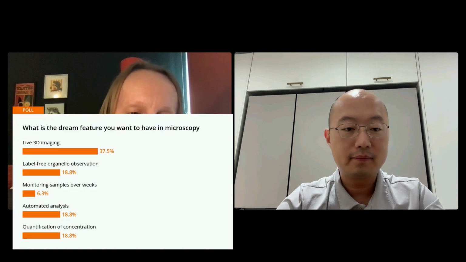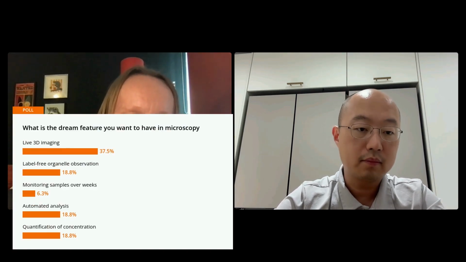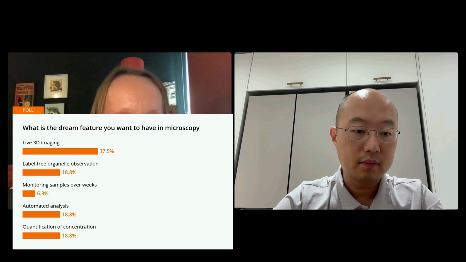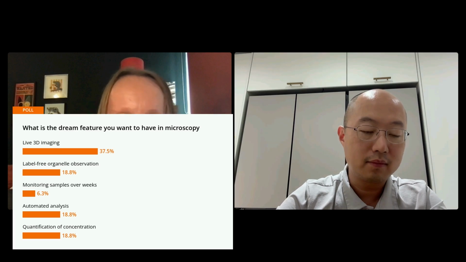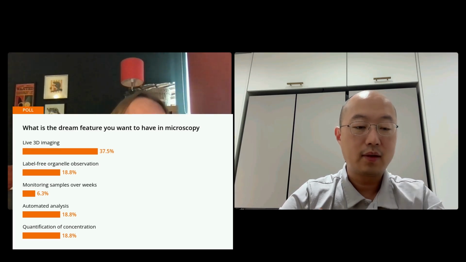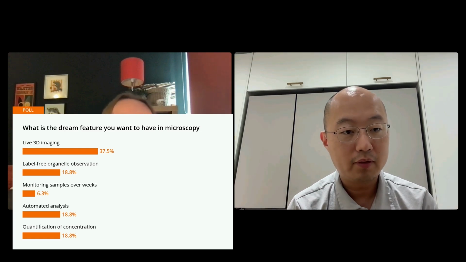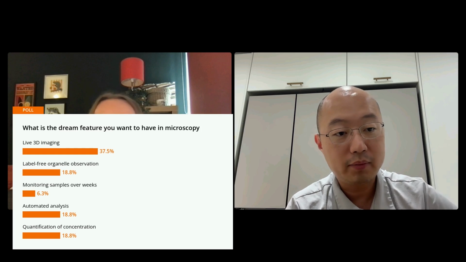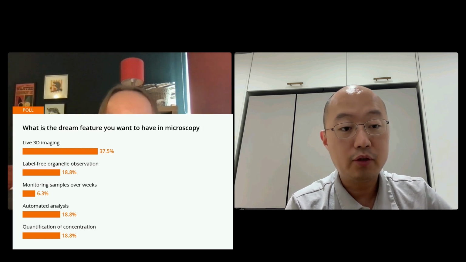And then we had another poll, asking about people's dream features in microscopy. There was a more even spread of different features here, but live 3D imaging was the most popular answer. Again, is that something you expected to see? I was curious about the responses, and we are very pleased to see that live 3D imaging and label-free organelle observation are feasible now.